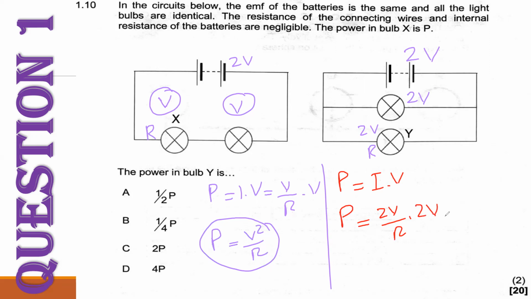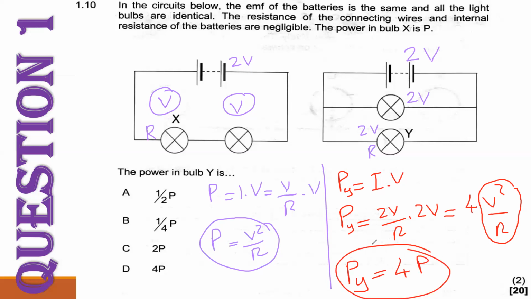And writing 4V square over R. What do we know about this? This is the power of X. So if I say power for Y, this is equal to 4P. So 4 times.